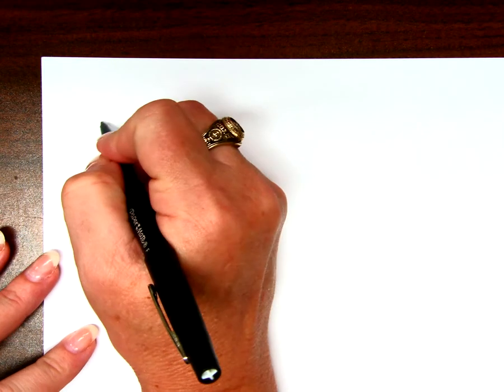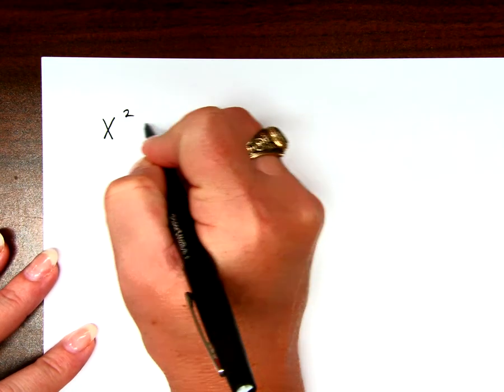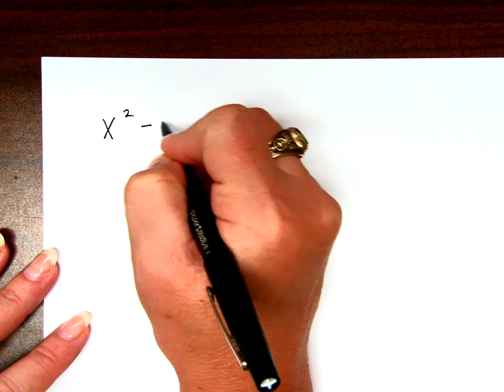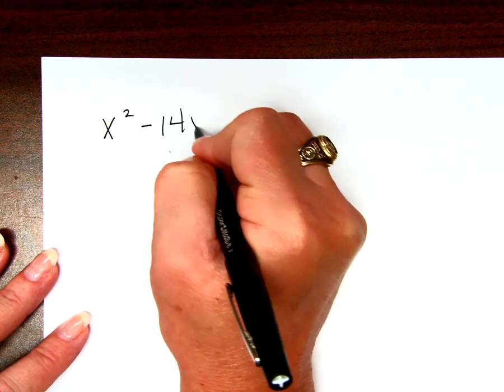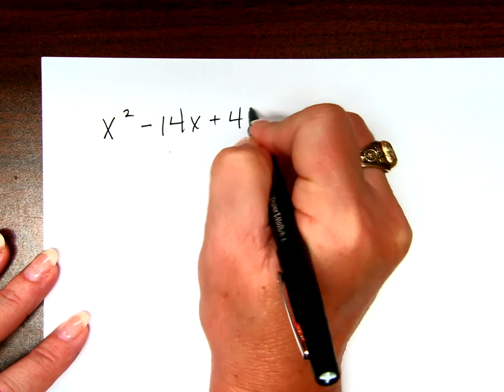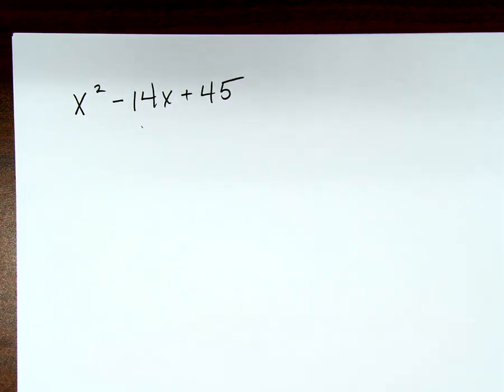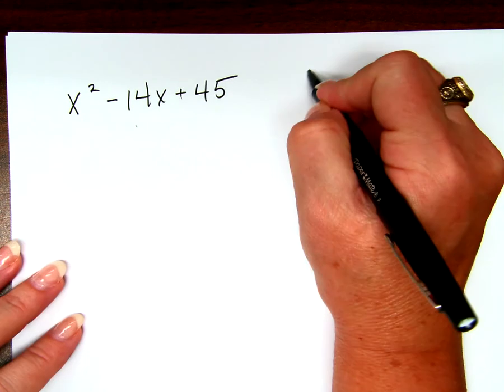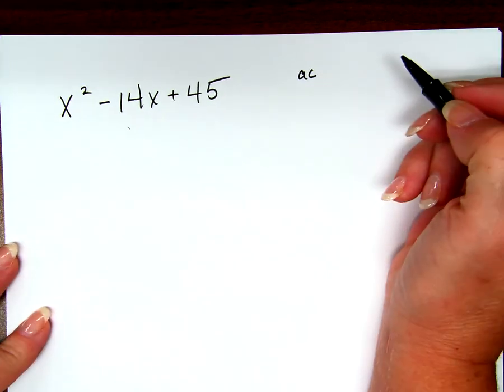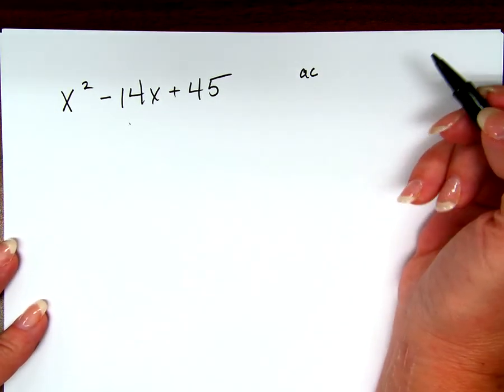Can we do one more example? Yes. And I want to do it both ways again. Okay? X squared minus 14x plus 45. Which way you want to do first? Easy way or easiest way? Easiest.